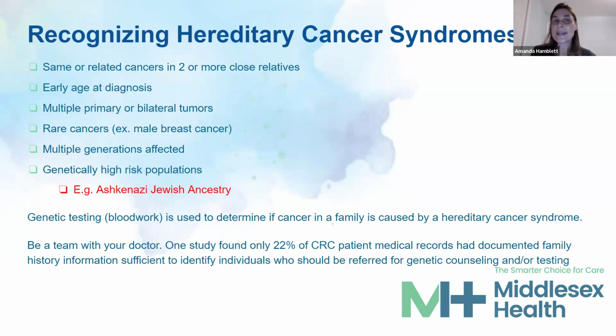So when we see these signs of a potential hereditary cancer syndrome in a family, then we think about doing genetic testing, which can be done on a blood sample or using a saliva test. And this is what's used to figure out if a history of cancer in a family could be hereditary cancer.